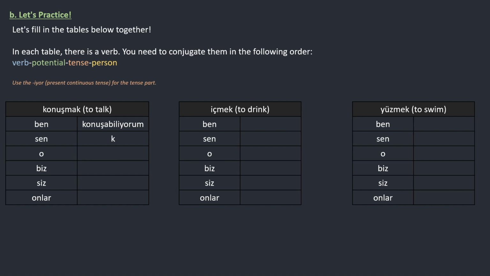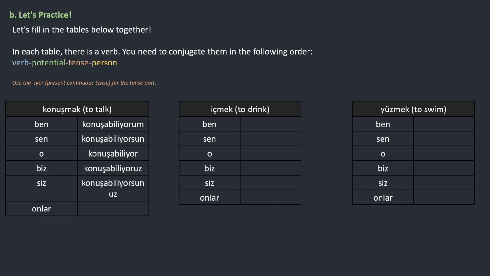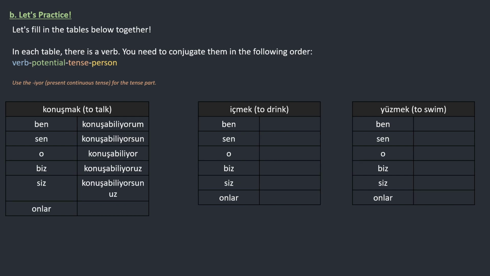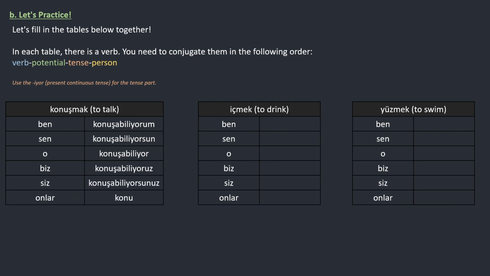And then konuşabiliyorsun. And then konuşabiliyor. Konuşabiliyoruz. Konuşabiliyorsunuz. Konuşabiliyorlar. You can also say konuşabiliyor for this. Konuşabiliyor. It is also acceptable.